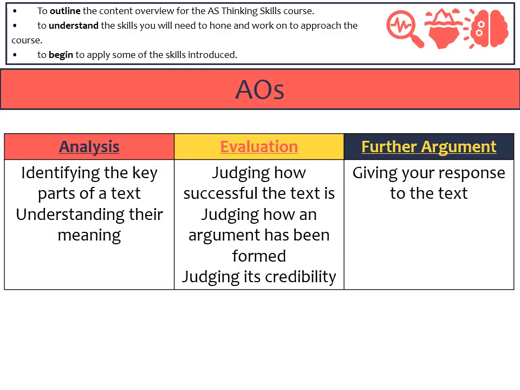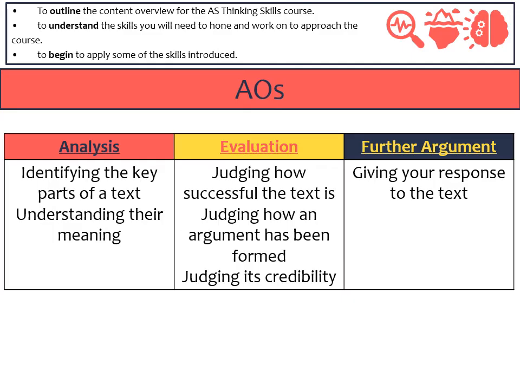So if I'm Ali Plumb, for example, and I was watching a film, I would be analysing it, noting down what are the key parts, trying to understand their meaning, the key themes, and then my evaluation would be judging the success of that particular film, judging the credibility of the arguments that have been formed or tried to be portrayed during that film, and that would make up that evaluation component.